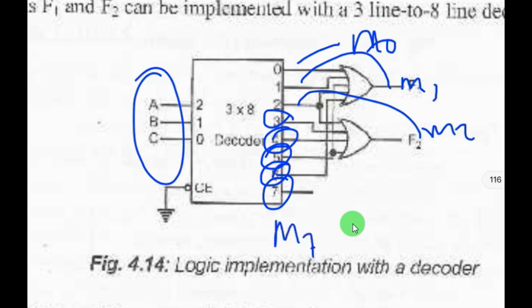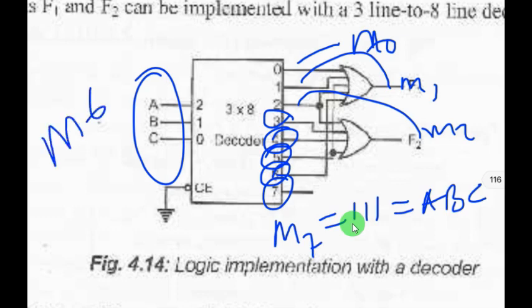Minterm 7 is equivalent to 1, 1, 1, which is A, B, C, and minterm 6 is equivalent to 1, 1, 0, which is A, B, C bar. And that's the story ends there, isn't it?